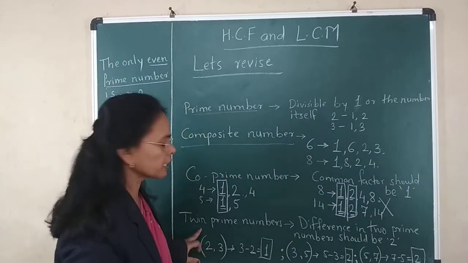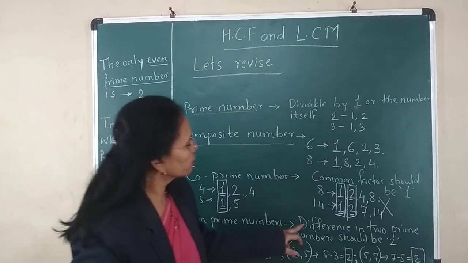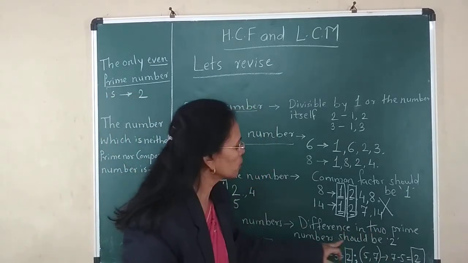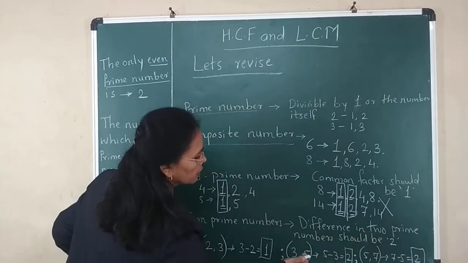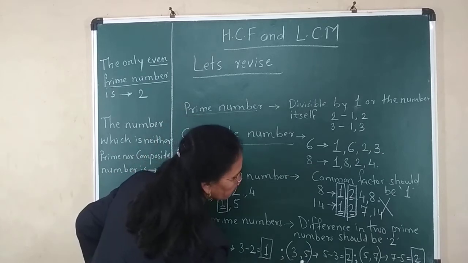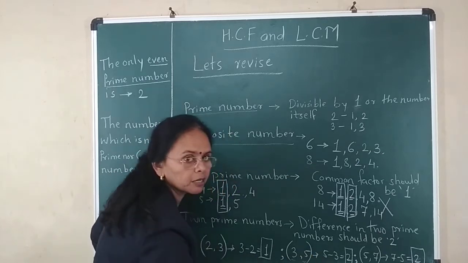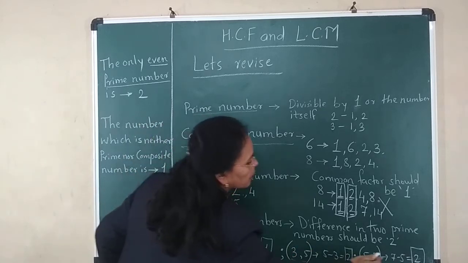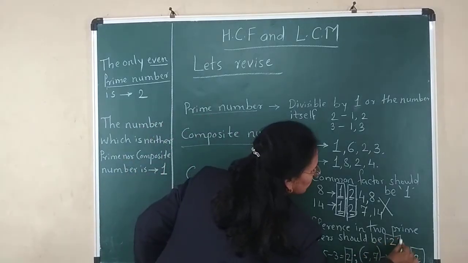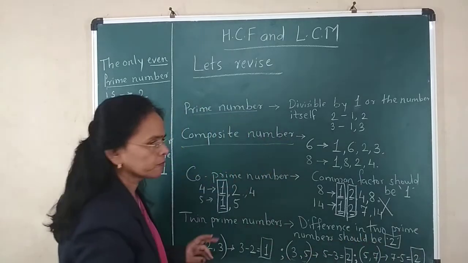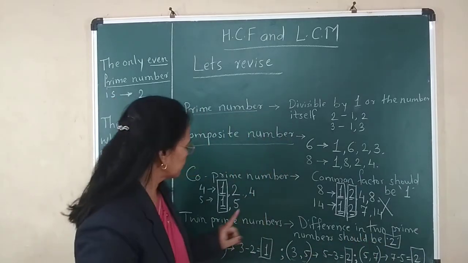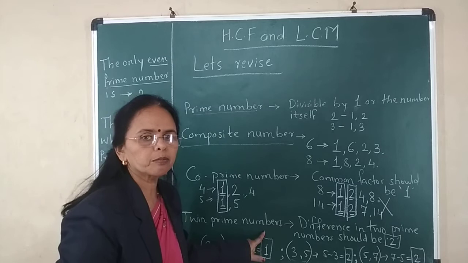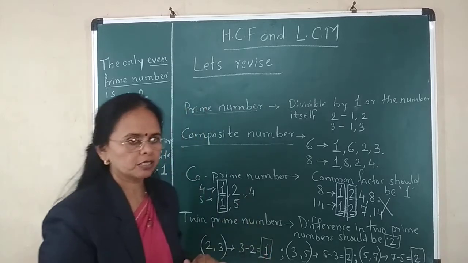And here, what are the twin prime numbers? The difference between two prime numbers should be 2. Here there are two prime numbers, and if I subtract the smaller number from the bigger number, the answer comes 2. And if the answer comes 2, those two prime numbers are called twin prime numbers.